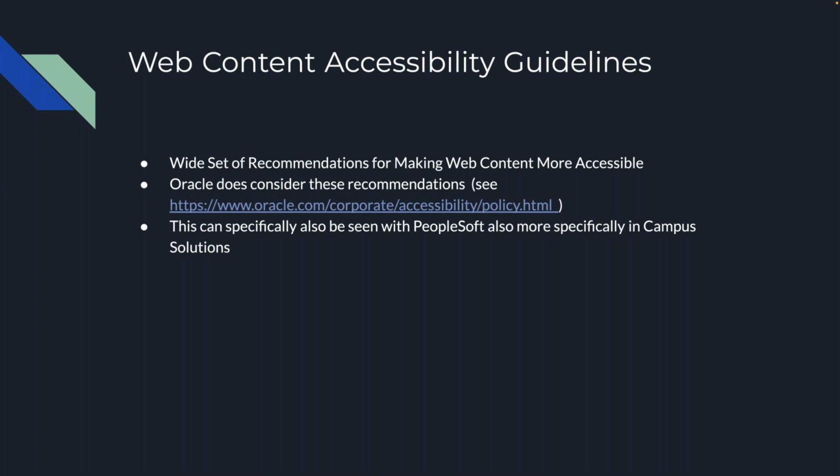Do yourself a favor and look at the last couple of PUM images that were released, and have a look at the accessibility improvements that were made in those. We have first-hand experience of this now in the project, where we're upgrading from one version and applying a next PUM update, and a lot of the fixes were just applied in the process. That applies for tools upgrades, but also for Campus Solutions PUM updates that helped in this regard.